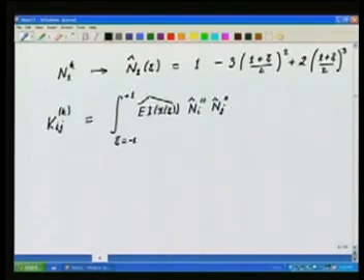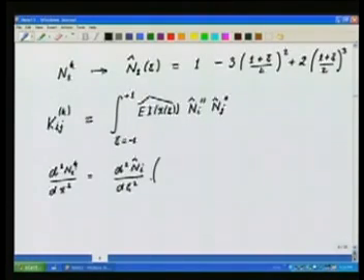Now Ni hat, because d2 Ni by dx squared is equal to d2 Ni hat by d psi squared into d psi by dx whole squared.